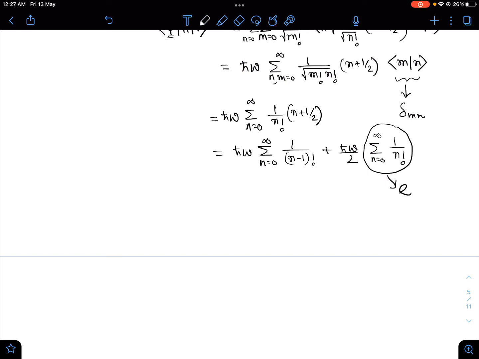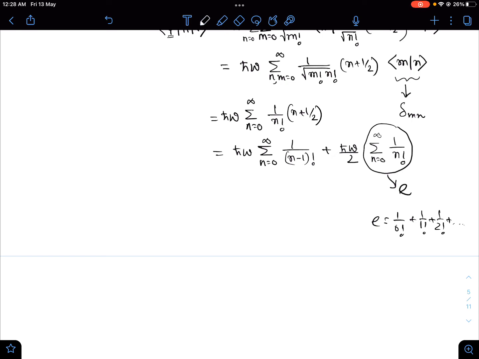So e is equal to 1 by 0 factorial plus 1 by 1 factorial plus 1 by 2 factorial, and so on. These are the forms you have to remember for your entrance examination, or they may be given in the question set. So this is the expression of the exponential.